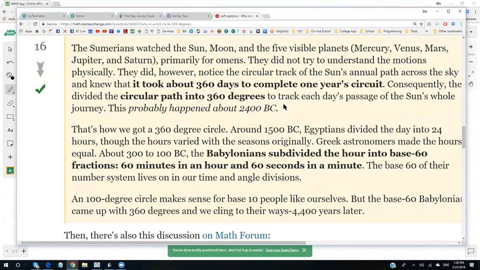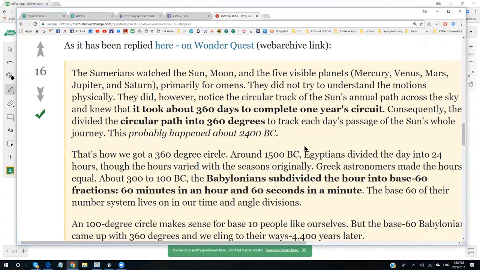Because in ancient time, they were not very accurate in knowing how many days are in a year. They saw the sun go around, and they believed that the sun goes around the earth at that time. So they believed that the sun travels from north to south, south to north.